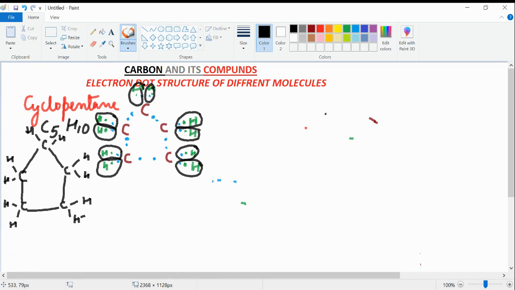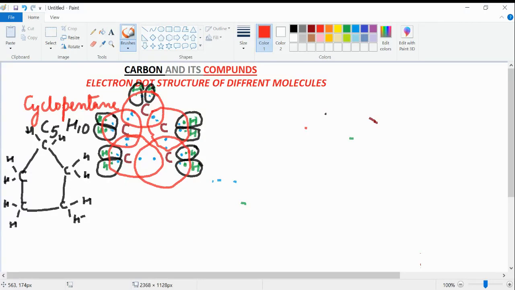And now each carbon must complete its 8 electrons. Like this, 2, 4, 6 and 8. 2, 4, 6 and 8, for each of the carbons.